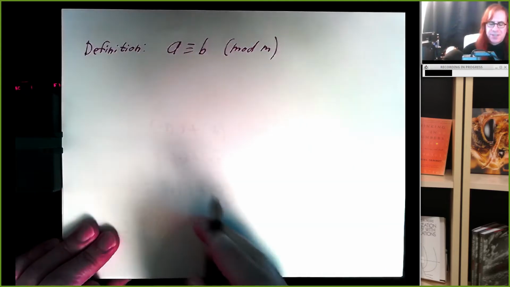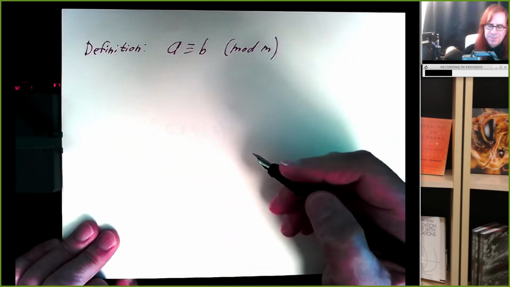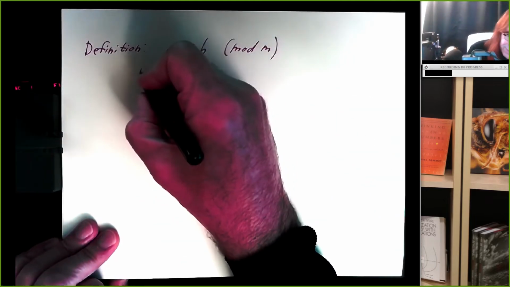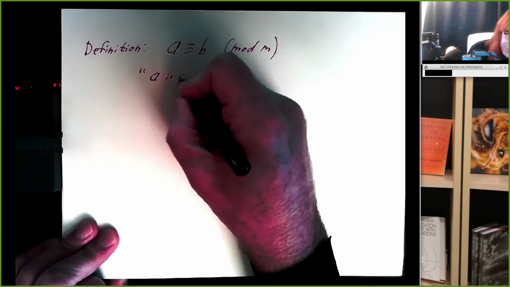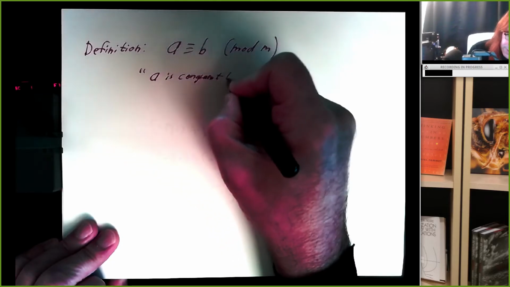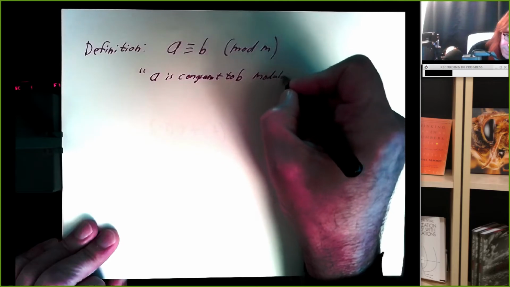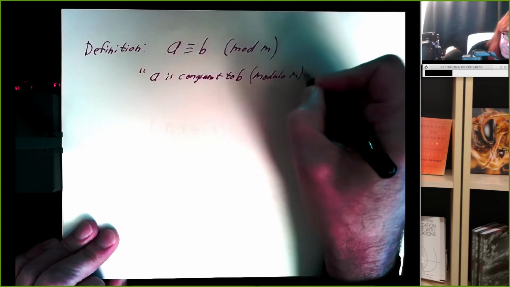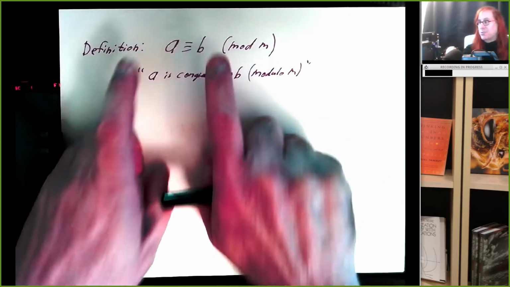We're going to write A triple equal sign B parentheses mod M. And if we want to say this out loud, we're going to say A is congruent to B modulo M. So this triple equal sign means congruent to.